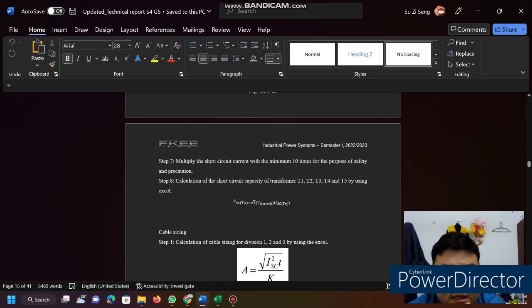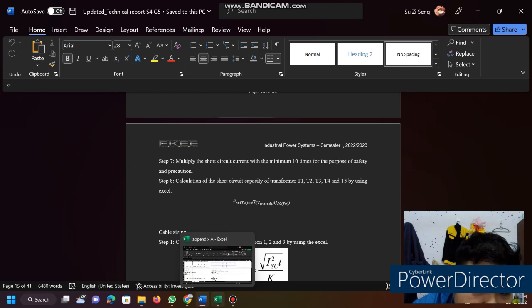We can also increase it for the purpose of safety and precaution. The last step for the selection of transformer sizing is calculating the short circuit capacity of the transformer by using Excel. Later I'll show the Excel.